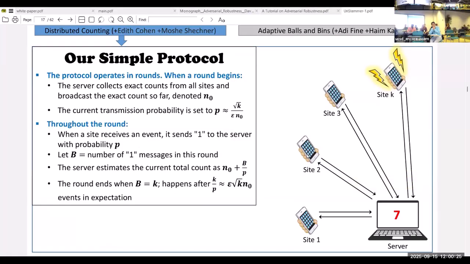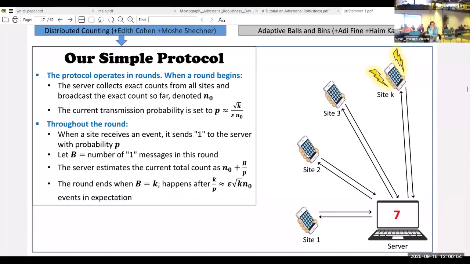Okay, so here is the protocol. The protocol operates in rounds, and first let me tell you what happens in the beginning of the round. In the beginning of the round, the server notifies all of the sites that the current round has ended and that the new round begins, and collects from every site the exact local counter of these sites. So in the beginning of the round, the server knows the exact count till now.